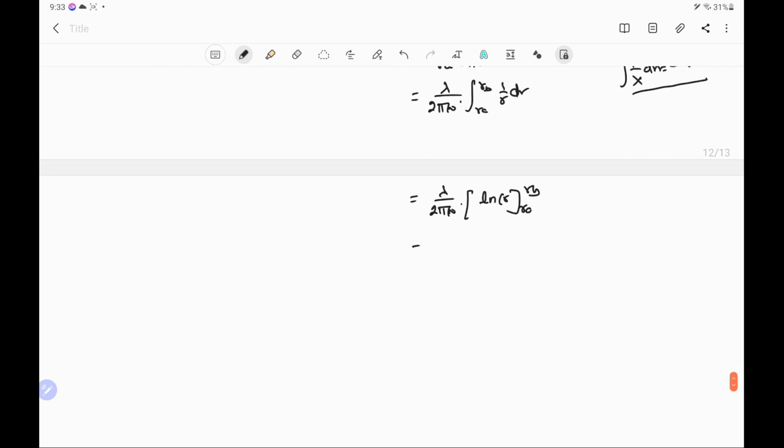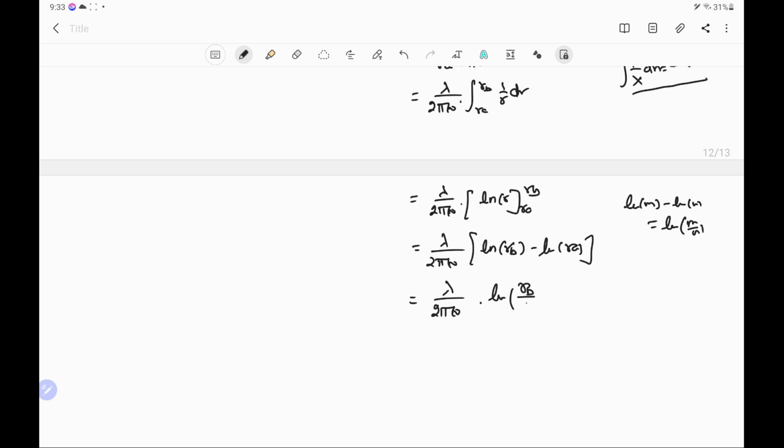Putting in the limits, it will come log Rb minus log Ra. And using the formula log m minus log n equals log m by n, we can write this equal to lambda by 2 pi epsilon naught log Rb by Ra. This is the potential difference between A and B. VA minus VB is this value.